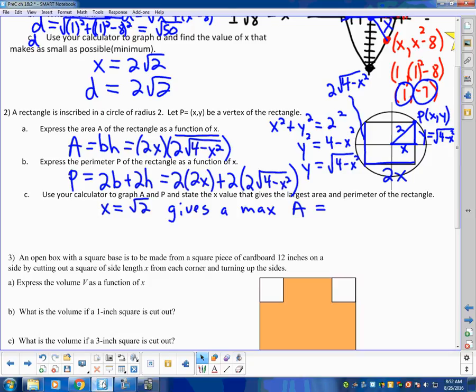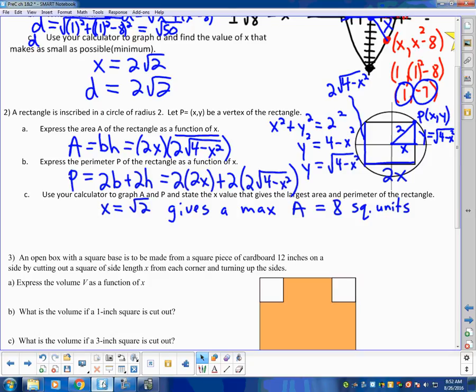And so we just found a max area of 8 square units. I didn't say what the units were. And that's when x is root 2. So when you get a max area, x is root 2, so that would be 2 root 2 by 2 root 2. So when it's a square, that's when you get the max area.